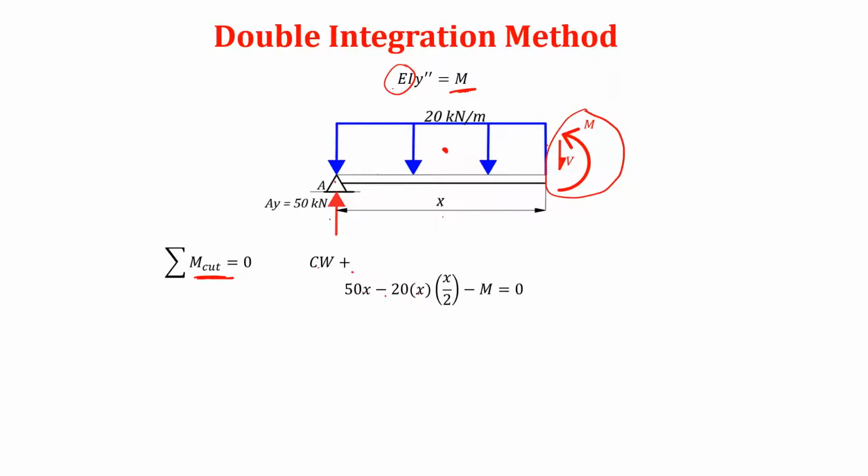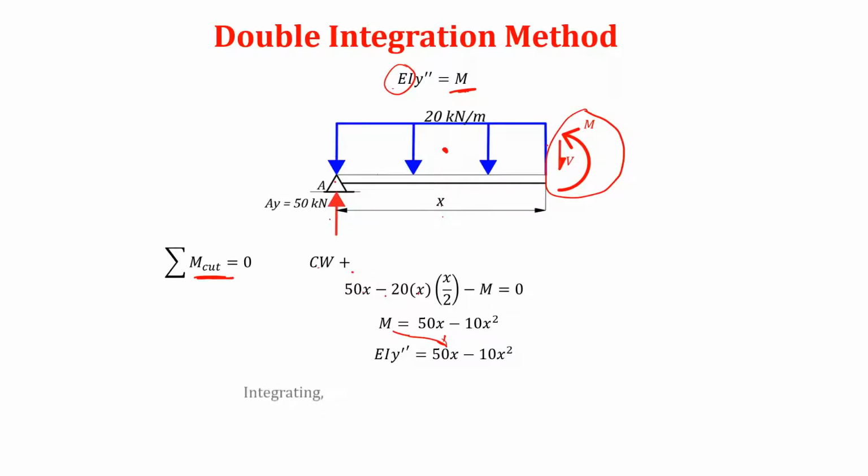Minus M equation equal to 0. Solve for M. We have M equal to 50x minus 10x squared. Now remember that EIy double prime is M, so we just substitute M here. So that is the result.